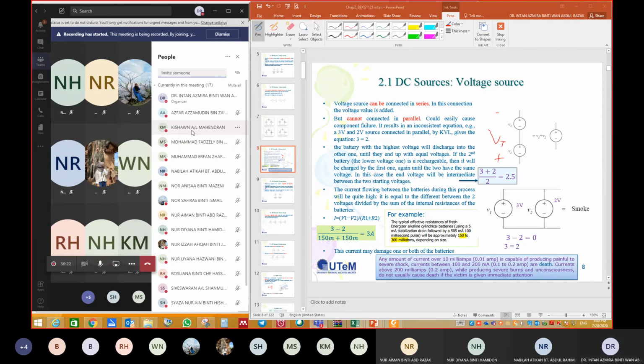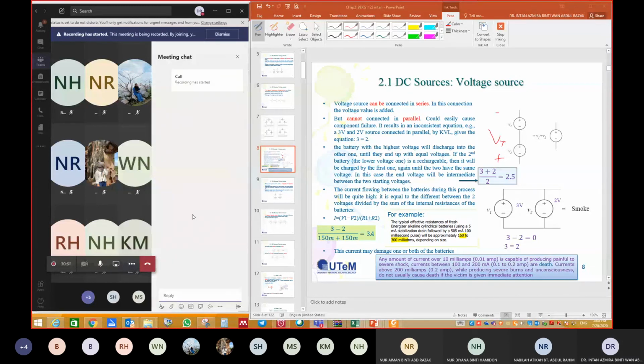Kishan, what's the value of V total here? Can you answer, Asfa? Give me the value of VT. VT is equal to what now? Asfa? What is the value of VT? Let's say V1 is 1, V2 is 2. So VT is equal to?